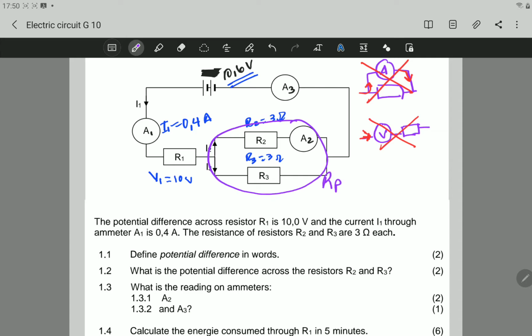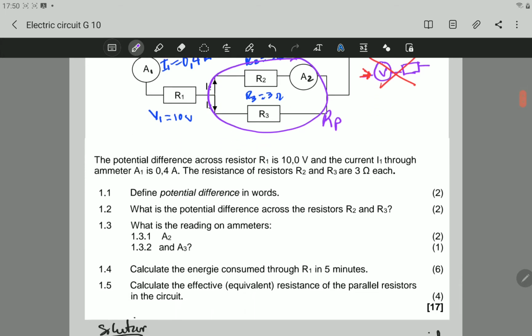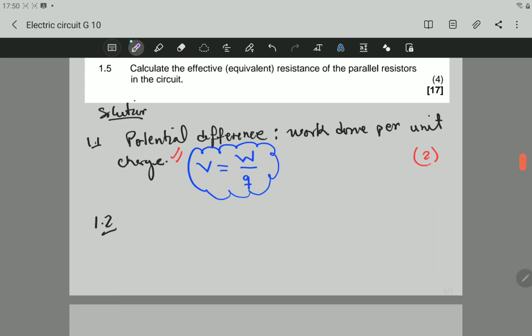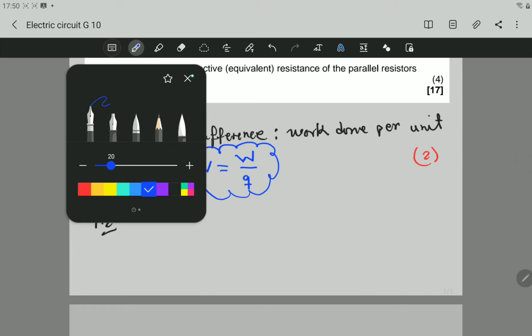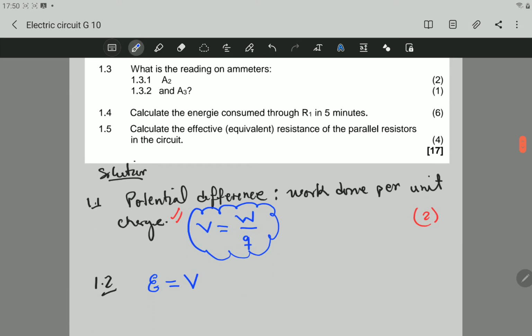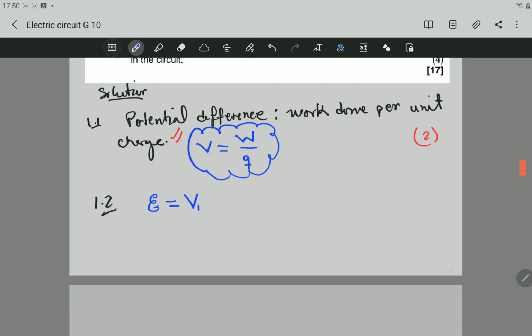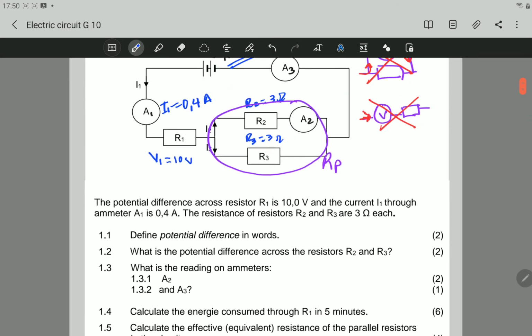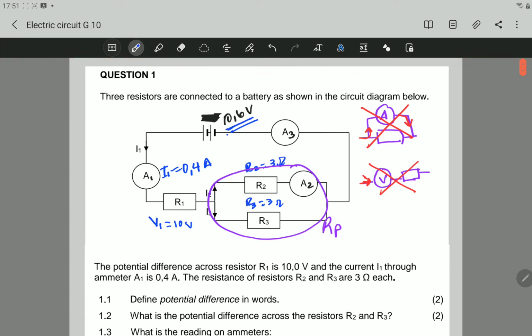Now what you need to know here is that the EMF is equal to the potential difference across resistor 1 plus the potential difference in parallel. The total one here must be equal to this one, which is 10, plus this one, which is the parallel part.